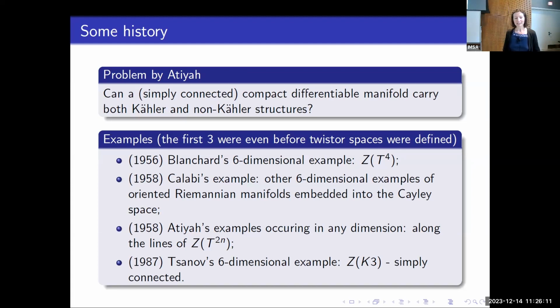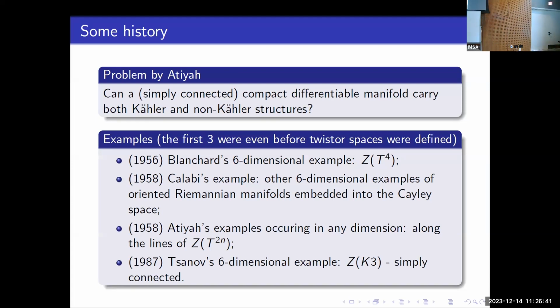And Sir Michael Atiyah did the higher-dimensional examples, not only 6-dimensional examples of such manifolds, but actually examples that occur in any possible even dimension. And he was doing things along the lines of twistor spaces, but they weren't quite twistor spaces.